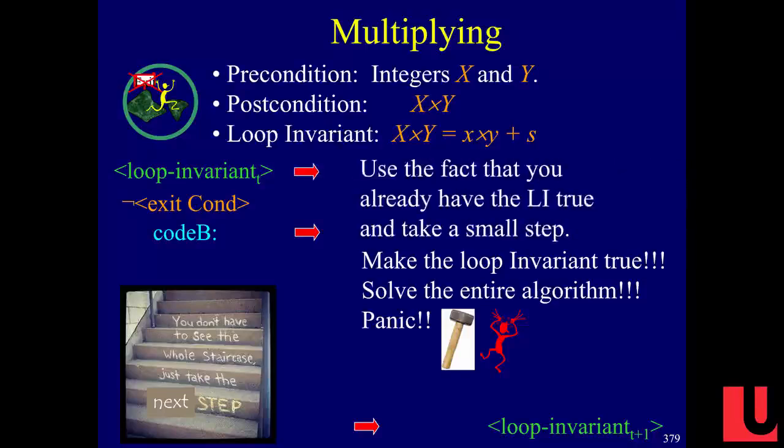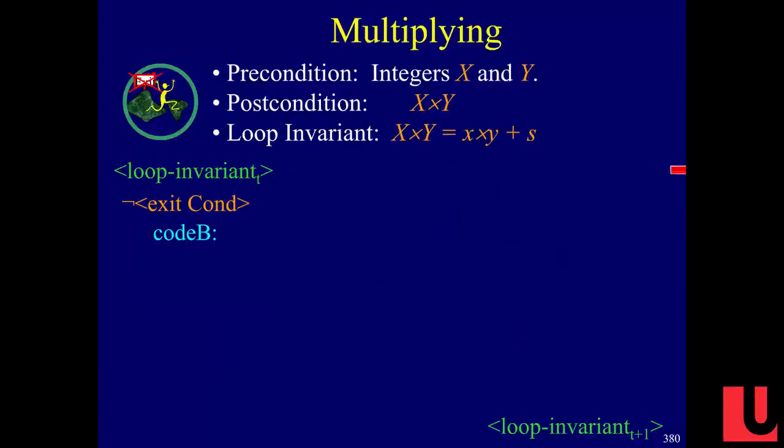We use the fact that the loop invariant is already true. So we're flying in from Mars, and we don't know how we got here. We have no idea about what happened before. All we know is that the loop invariant is true with respect to the old values. Everybody got that? And then the exit condition, we haven't exited.